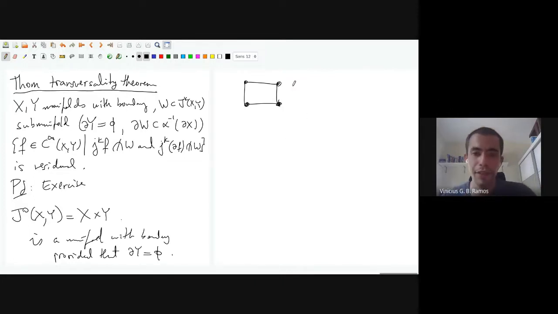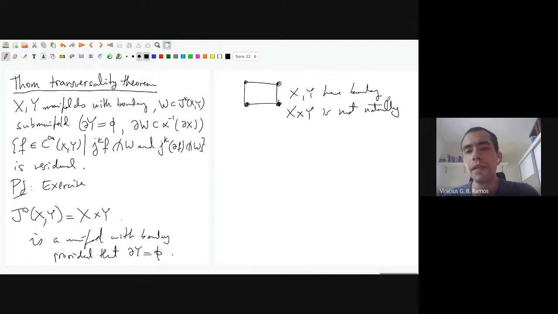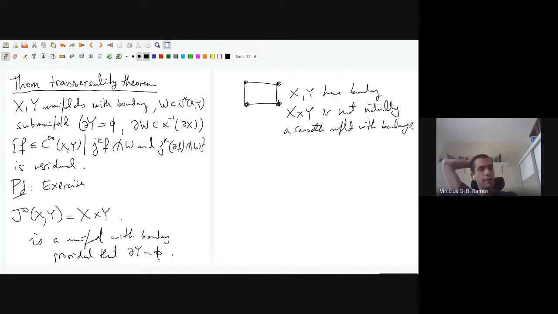So in the situation where X and Y have boundary, X times Y is not naturally a smooth manifold with boundary.